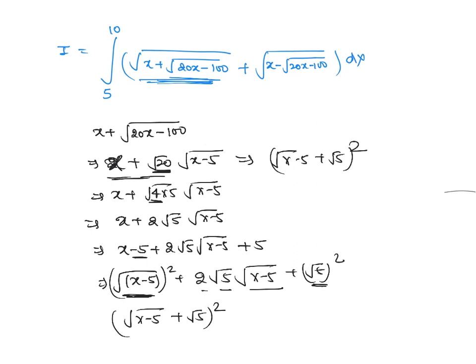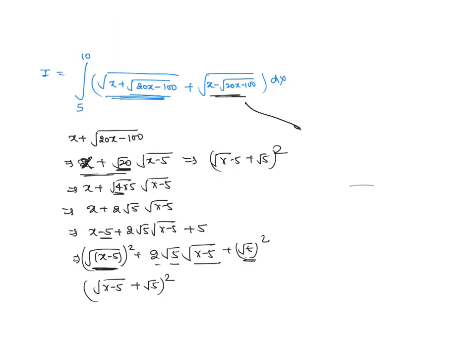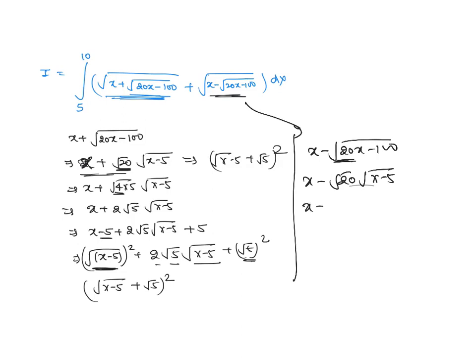Similar way, if I take x minus root over 20x minus 100, we can take root 20 outside, so we can write x minus 5 minus 2 root 5 into root over x minus 5, plus 5.